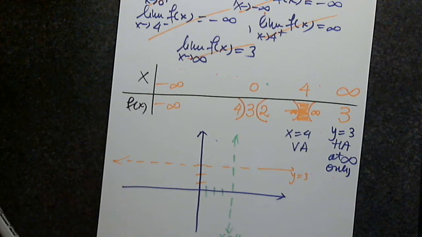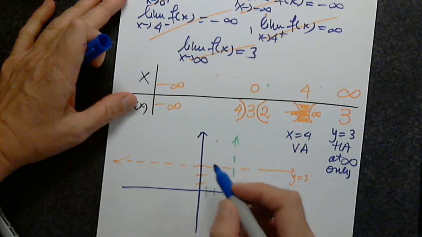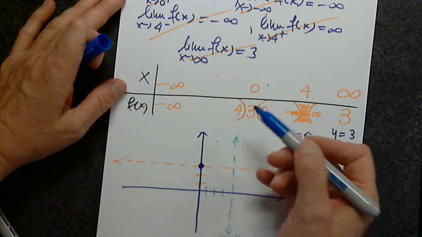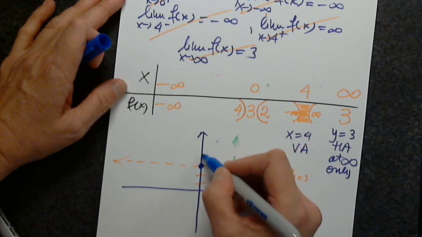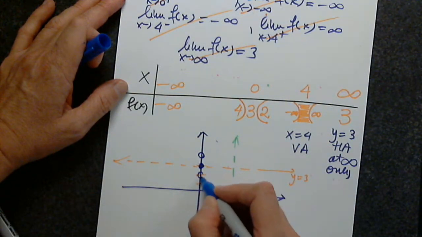And now I start the graph. These are all not part of the graph. So the graph is 0, 3. On the left-hand side of 0 is 4. On the right-hand side of 0 is 2.